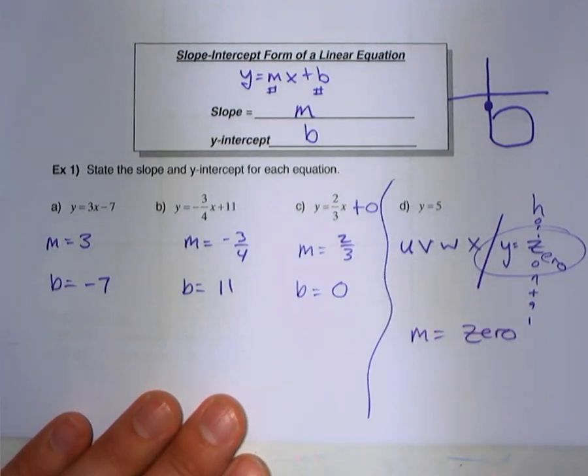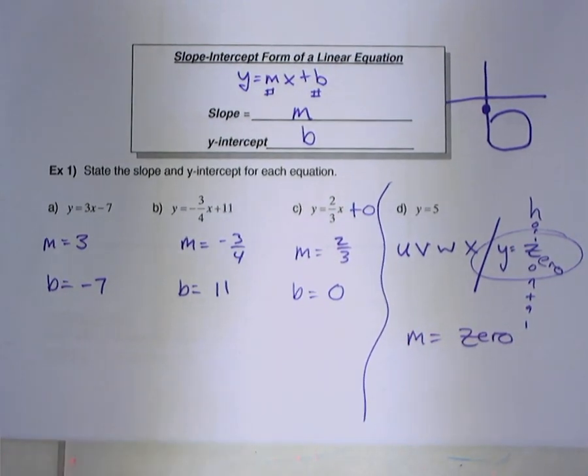So what's the difference? 0 is 0 divided by a number, which means that there is rise over run. There's run on the bottom, but there's no rise. It doesn't go up and down at all. It goes side to side only. Where if it's undefined, it has rise but no run.